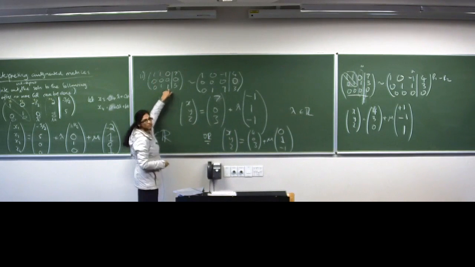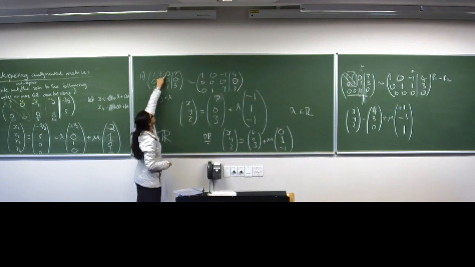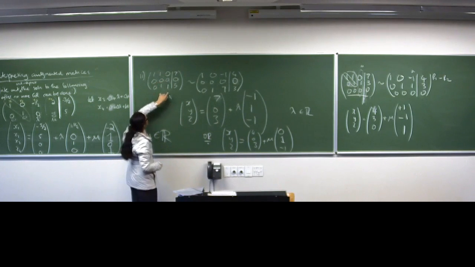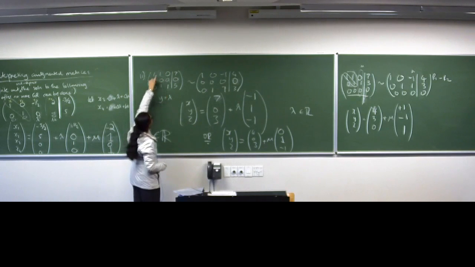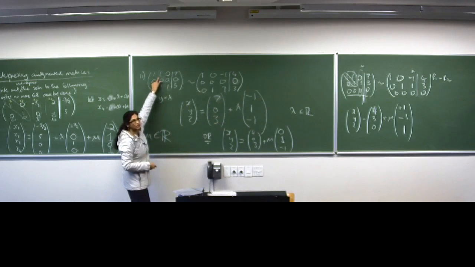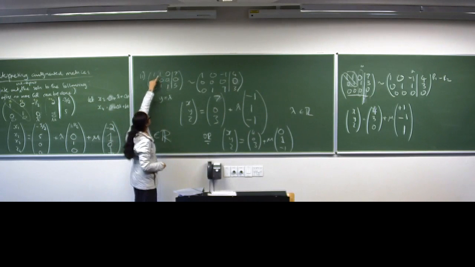And I can't Gauss reduce this one anymore because there's 2 zeros there. So that's why I couldn't Gauss reduce this one. I could Gauss reduce this one to get rid of that 0, but it really makes no difference.